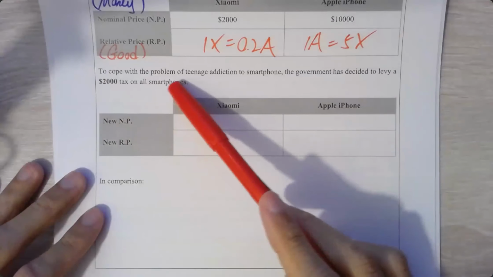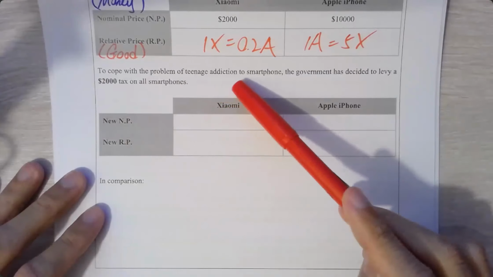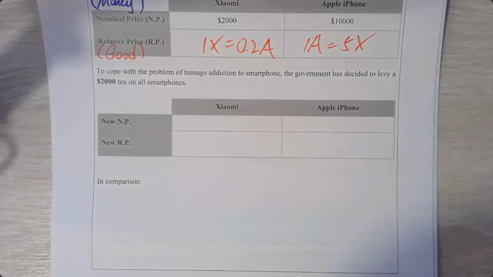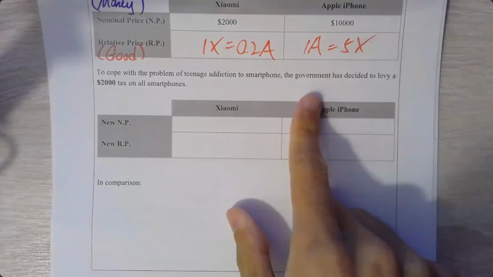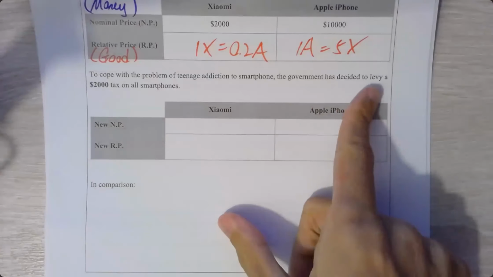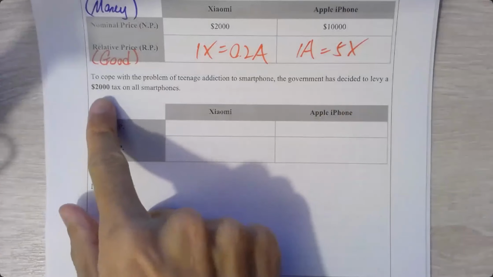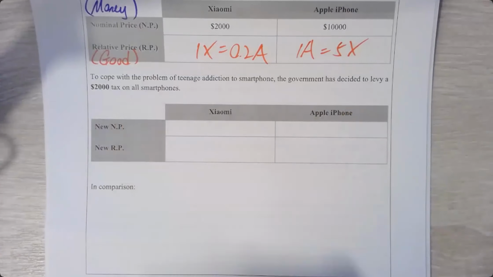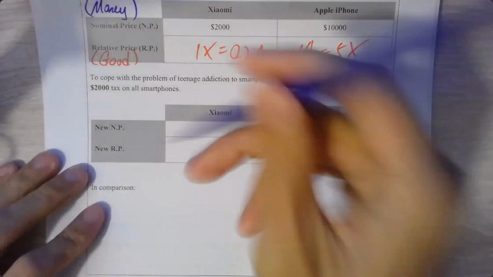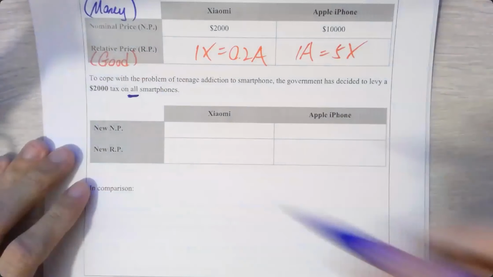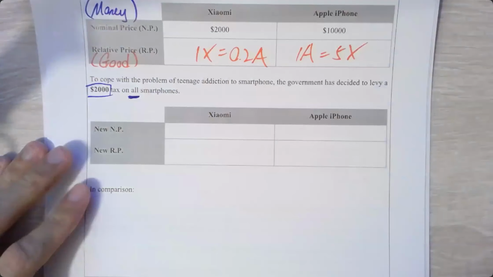To cope with the problem of teenage addiction to smartphones, which is very serious, the government has decided to levy a 2,000 tax on all smartphones. The key point is all smartphones, and it is always 2,000.